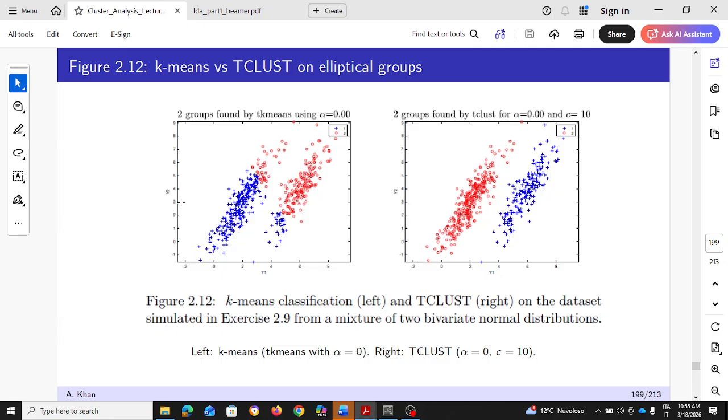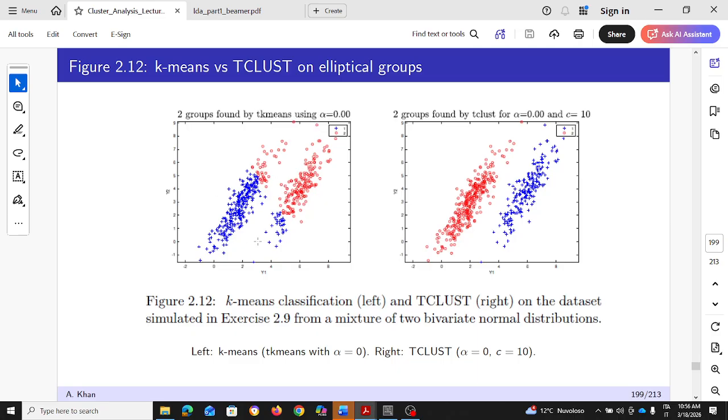So now we can see the idea of k-means was just spherical structures, so it's fooling us. It's creating clusters which are not correct. It says, okay, this is one cluster, spherical one, and this is another cluster.